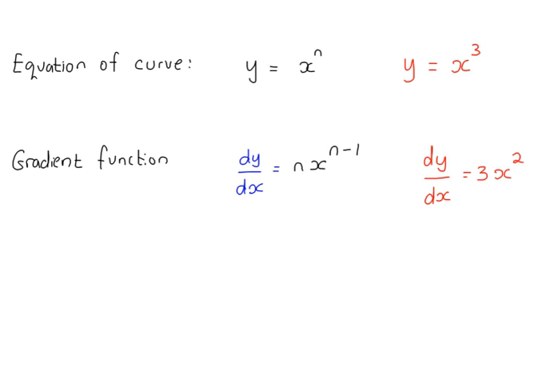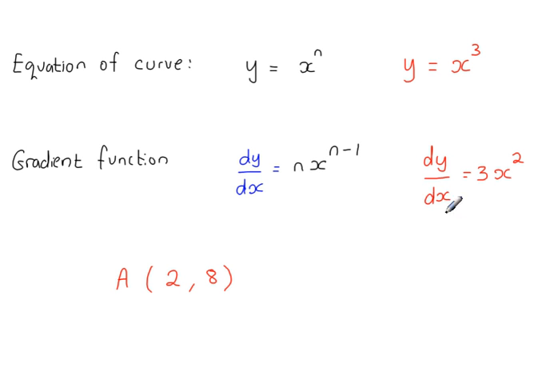So for instance, I could say point A is on the curve, and point A has x coordinate 2, so the y coordinate from the equation of the curve is 2 cubed, which is 8. That's the y coordinate. So I know this point is on the curve somewhere. What's the gradient of the curve at point A?